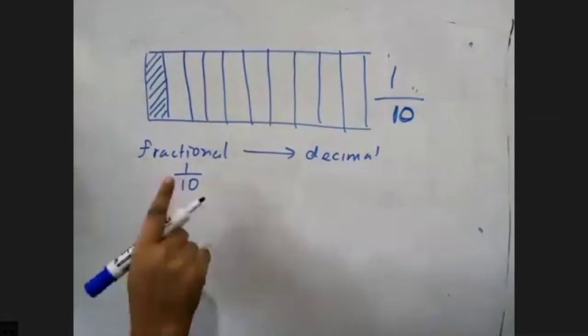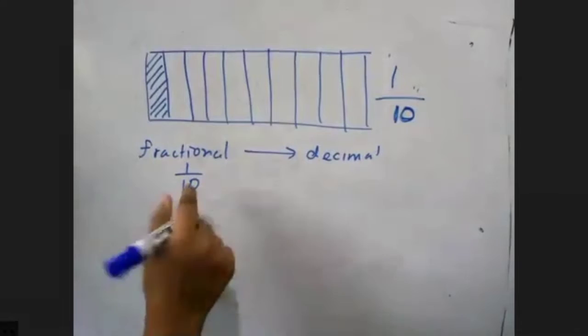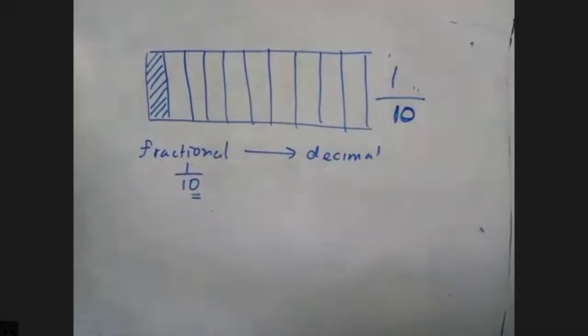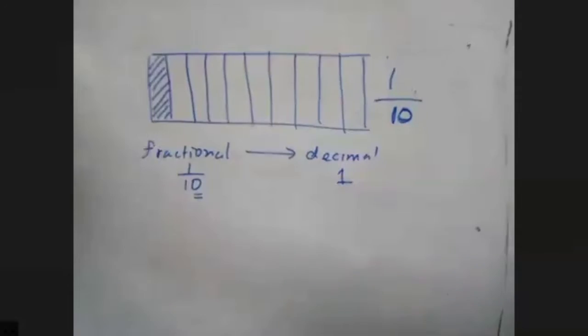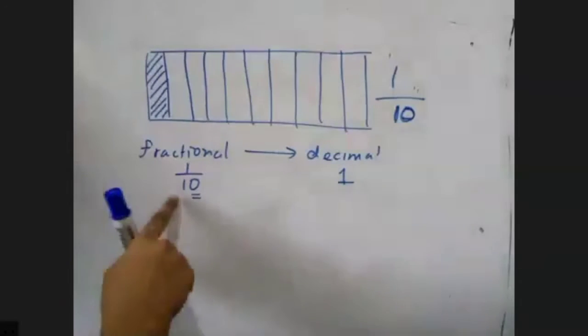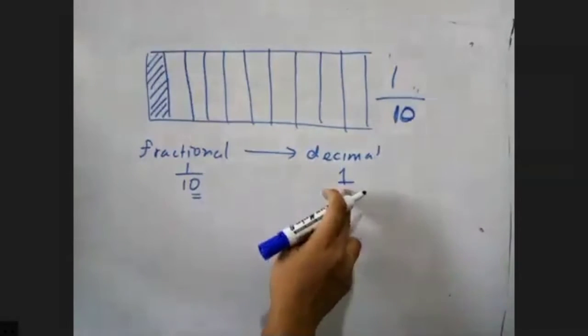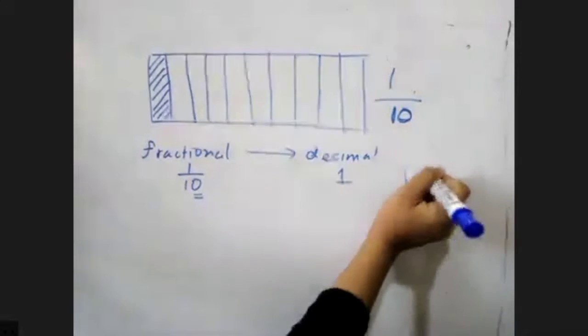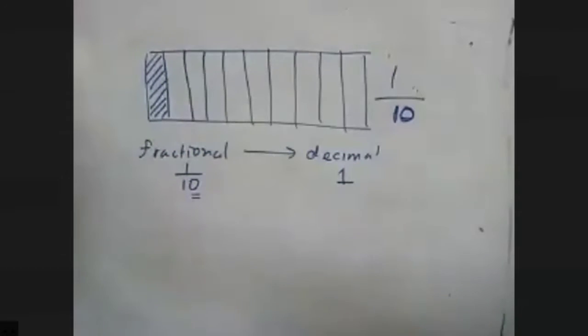Powers of 10 can easily be converted to decimal. You can see here only one 0 is present. So what am I doing? My numerator, I am writing it here. Usually in a whole number, the decimal point is after the whole number. I taught this part in your time lesson also.